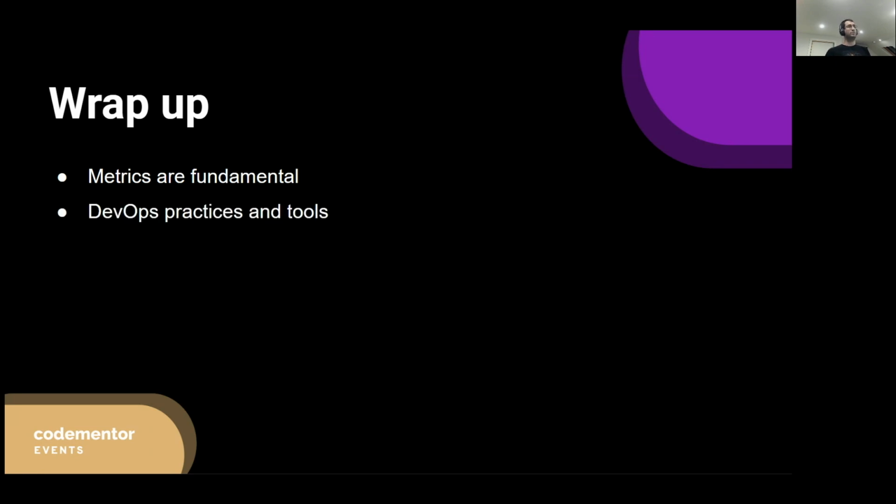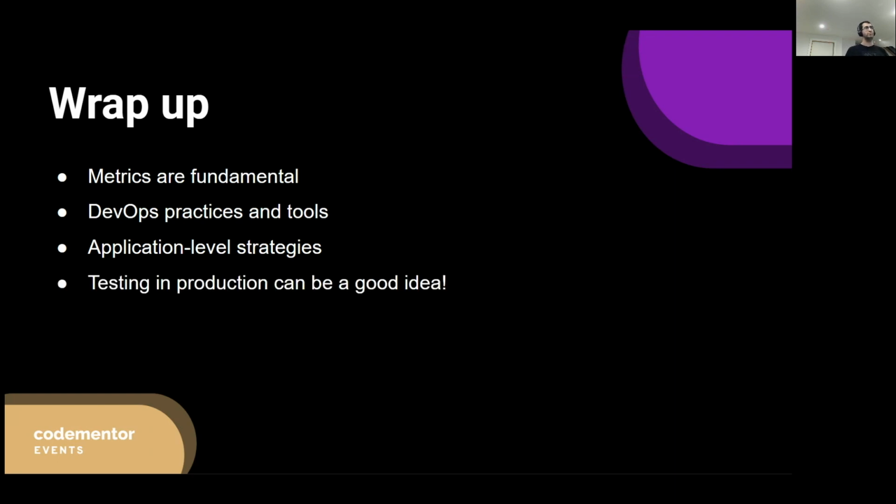We also looked at some DevOps practices and tools like canary release and blue-green deployment. Then we moved to some application level strategies with some code examples about feature flags, kill switches, shadow testing. And maybe we also learned that testing in production can be a good idea.